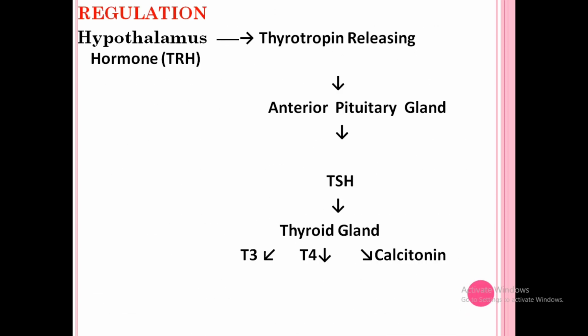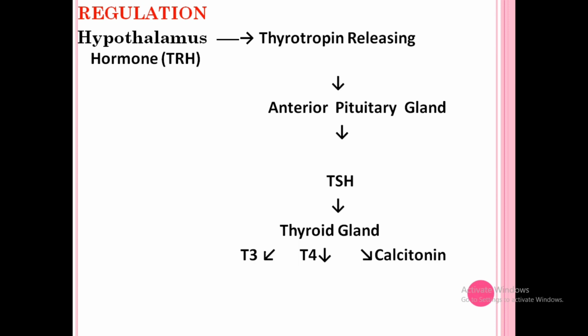Next we can see the regulation of the thyroid gland, or how the thyroid gland's hormones are regulated. The hypothalamus secretes thyrotropin releasing hormone or TRH, which stimulates the anterior pituitary gland, and this anterior pituitary gland synthesizes and secretes thyroid stimulating hormone, which stimulates the thyroid gland to secrete T3 or triiodothyronine, T4 or thyroxine, and the peptide hormone calcitonin.